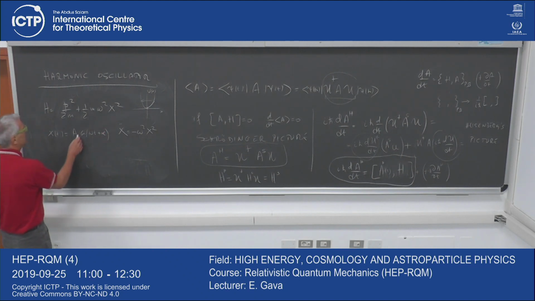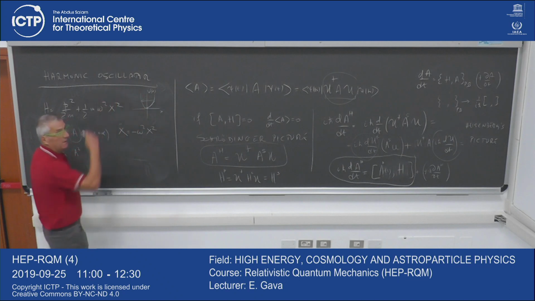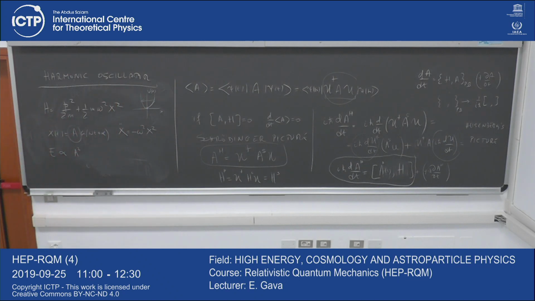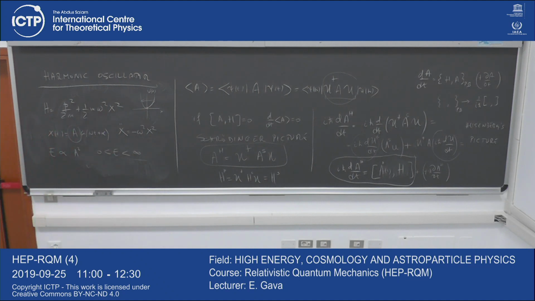And in particular, this amplitude of the oscillation is related to the total energy of the harmonic oscillator, right? The total energy, E, is proportional to A squared, if you plug this here. And clearly this A can vary from 0 to infinity, right? So there is a continuum of energies. The energy is continuous.